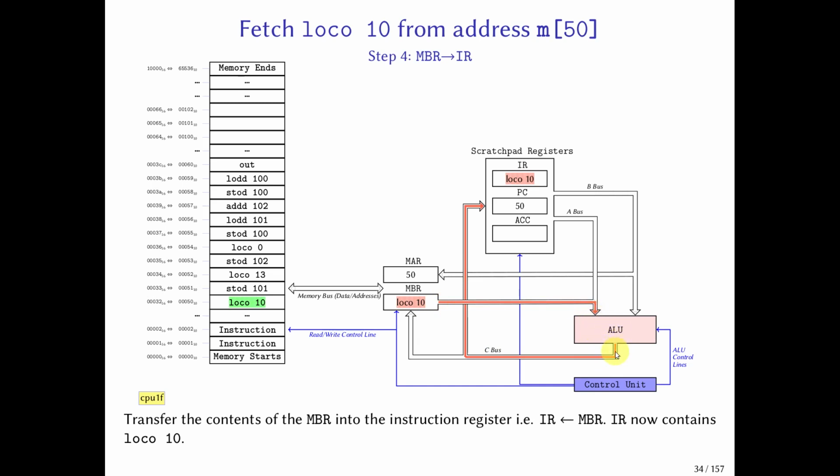Note that it just passes through the ALU without being changed, then it comes out of the bottom of the ALU, and then it travels up via the C bus until it gains entry to the scratch pad registers. So now the machine code instruction is inside the instruction register, which is the proper place for it to reside. That's where it will be decoded in the next part of this machine code instruction. But we're not quite finished with the fetch yet.